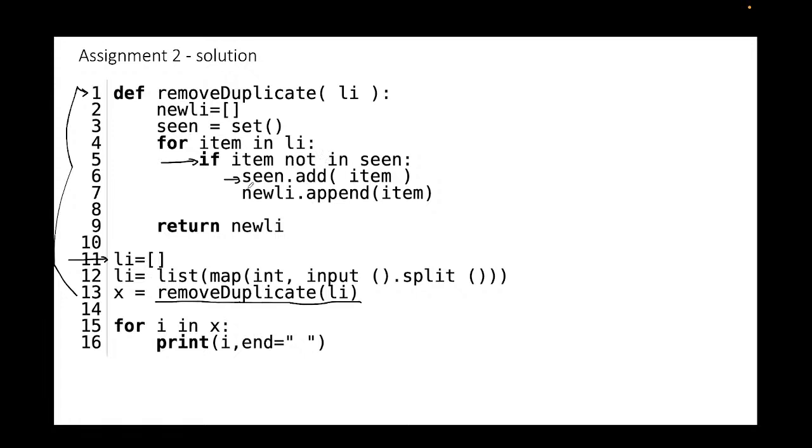Okay, so only the items which are satisfying this condition, only the unique items will be passed through this part of the code. Only those items will qualify this if test. Okay, so they are added to the set seen, and then those items are also appended to the new list.